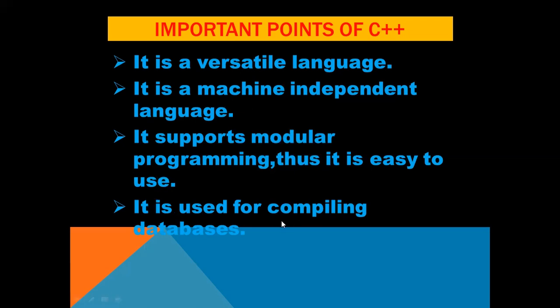Then it is used for compiling the databases. Compiling means if we are writing anything in one language, that can be easily converted into another language for the next computer, and that is why it is used for compiling various databases. You already know, when you are arranging your data in a particular manner based on some criteria, that is a database.